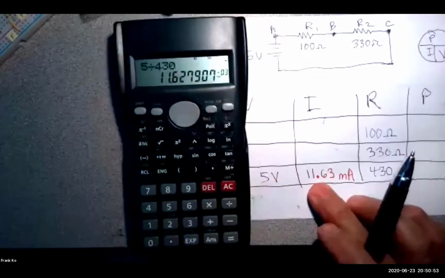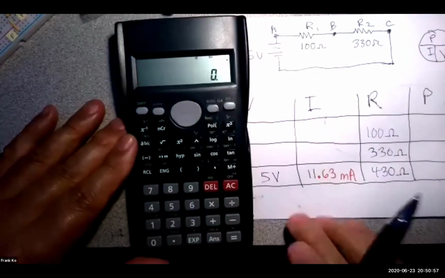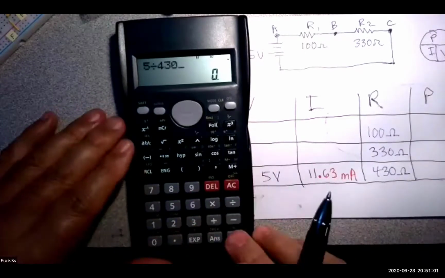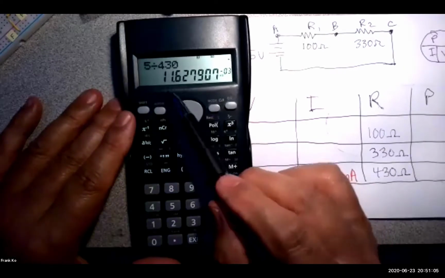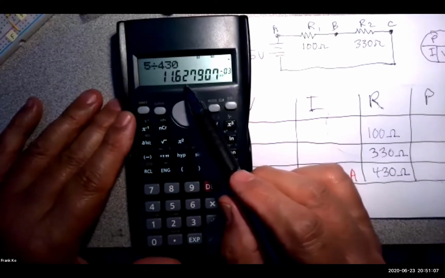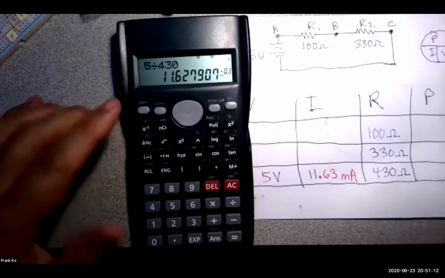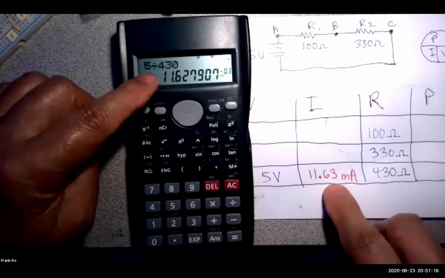I would recommend, before we fill in this column, we should double check our calculations. So 5, again, divide by 430 equals, hit your engineering key, you have 11.63, 10 power negative 3, which is in fact milliamps. Are you happy with this that we've written down as being the current?